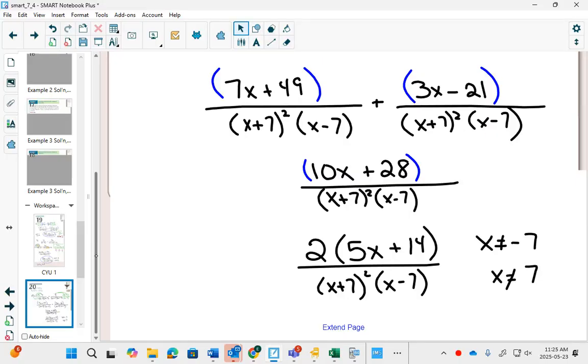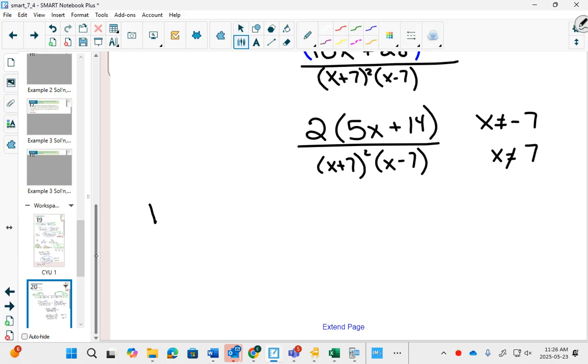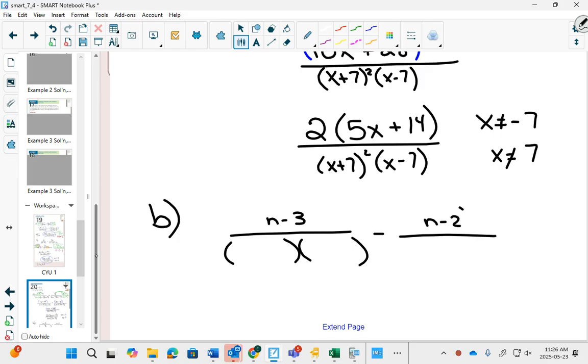Now for part B here. N minus 3 leaves the space. And if I factor the bottom, no subtraction. And the other one I have n minus 2. And then I'm going to factor the bottom there. If you have time, try to factor it before I put the answer up.